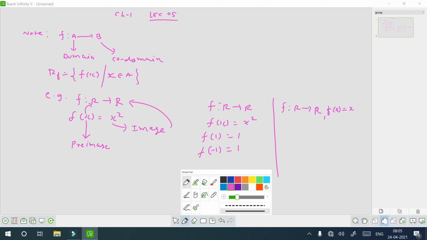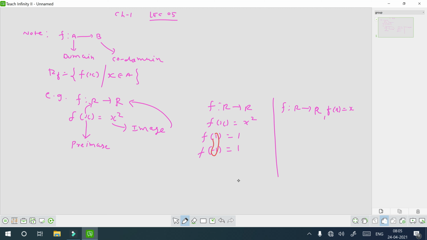Here you can see that two elements of the domain, which are distinct elements, have the same images. So here 1 is not equal to minus 1, but f of 1 is equal to f of minus 1.